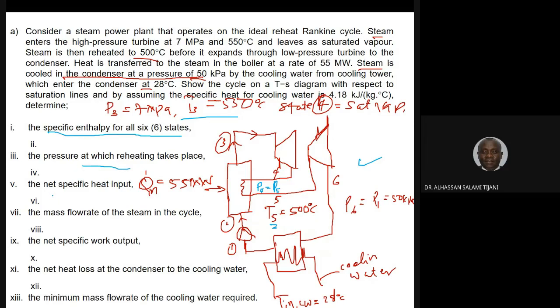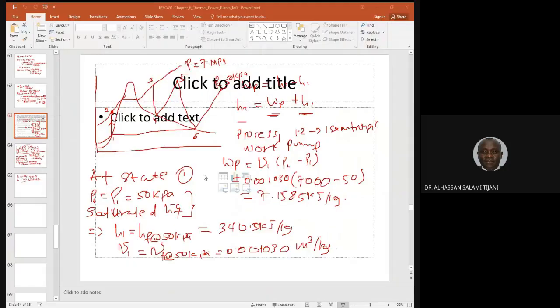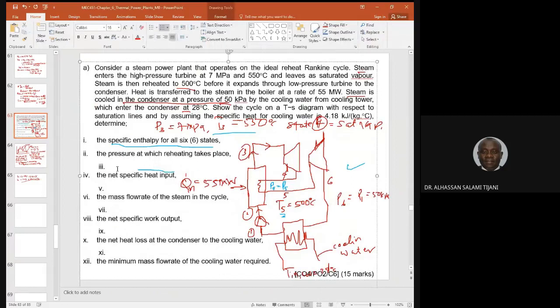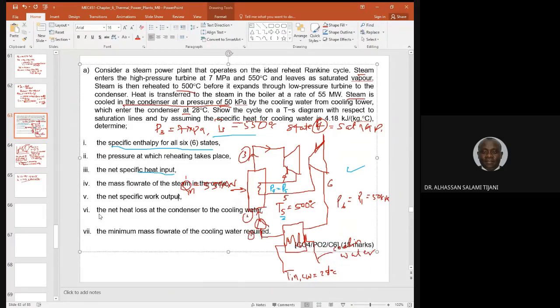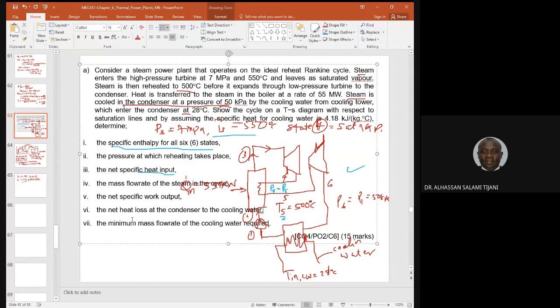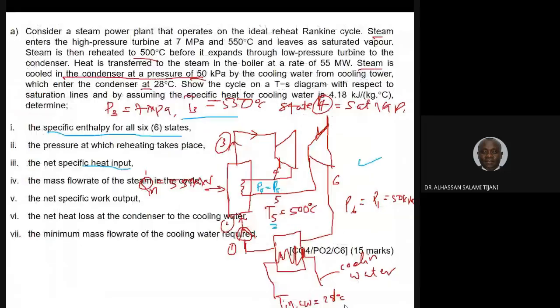And then question number 4, we were told to find the mass flow rate of the working fluid, or the steam. So we have to determine that one as well.